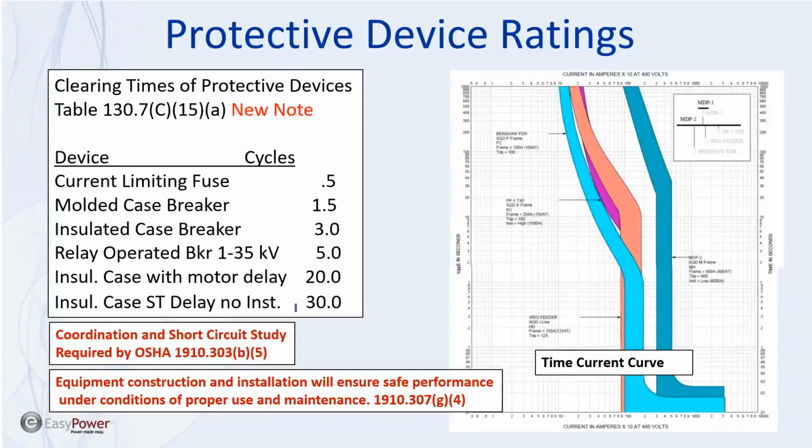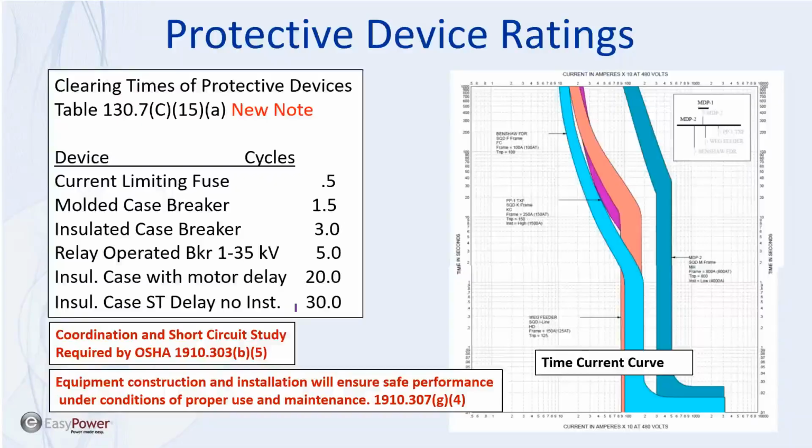On the left side, we have a new note from table 130.7 C15A, where in the past the tables just required that you have to go within a certain fault current and a certain clearing time in order to use the table. They never really correlated anything to this, so now they do: current limiting fuses 0.5, molded case breakers 1.5 cycles, and so forth down the line.